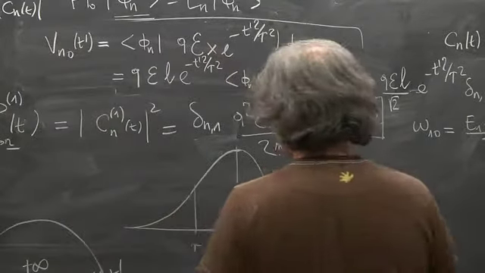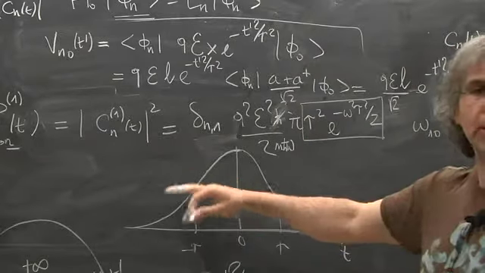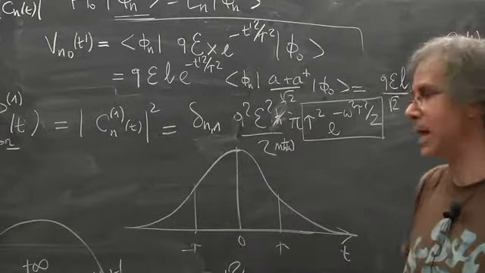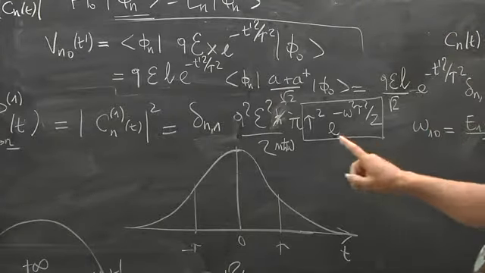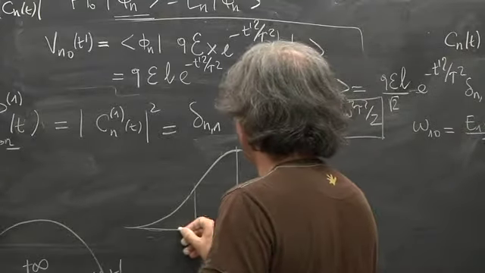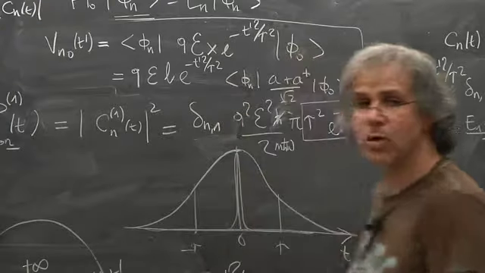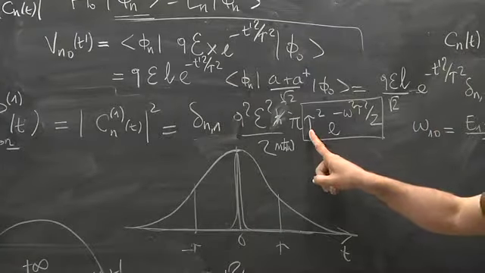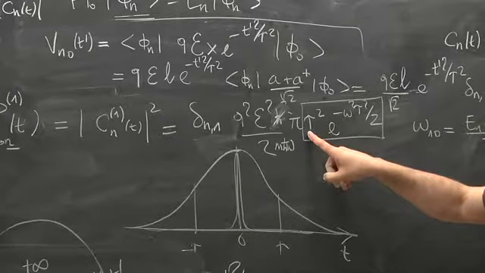Remember, tau is the time over which I turn on the Gaussian. If tau is very small, which means I do a very quick switching on and off, then this goes to 0 because this is close to 1, but this has a tau square.